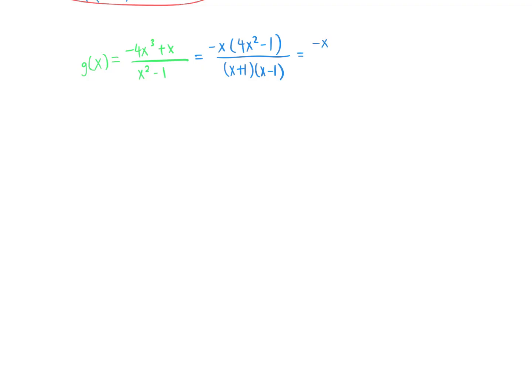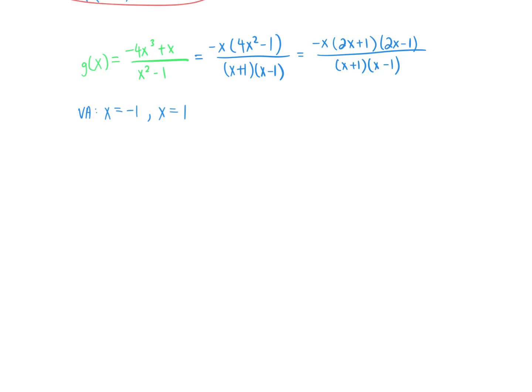And now let's finish with the top. 2x plus 1 and 2x minus 1, on the bottom, x plus 1, x minus 1. Nothing canceled out, which means we don't have any holes, but we do have vertical asymptotes at x equals negative 1 and x equals positive 1.